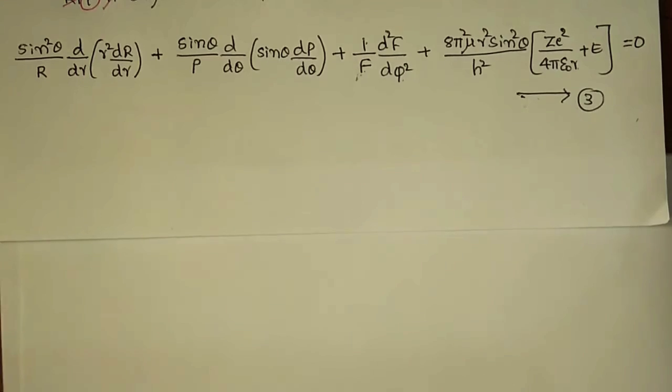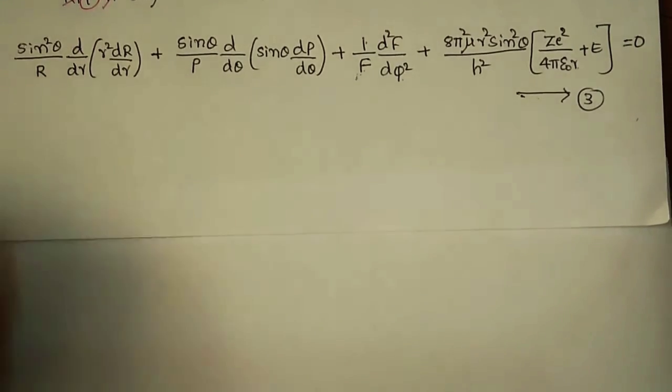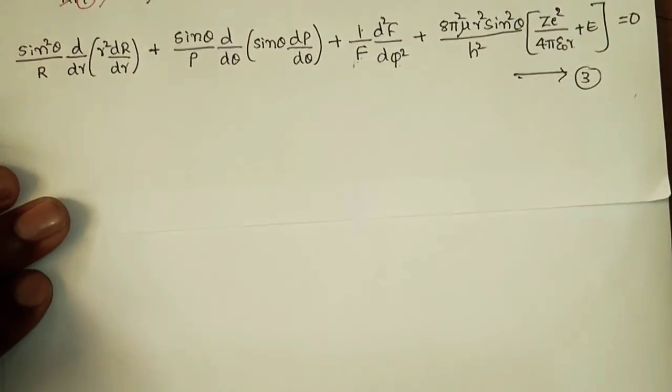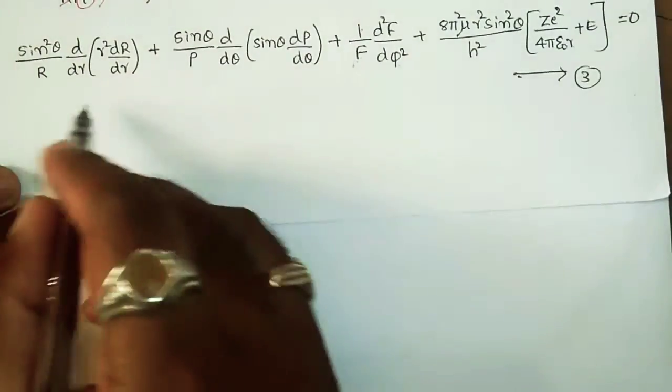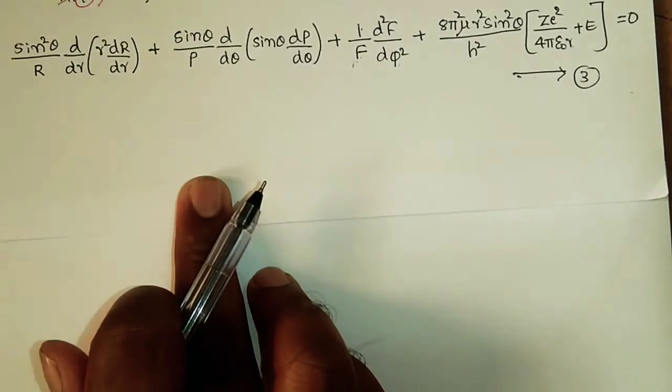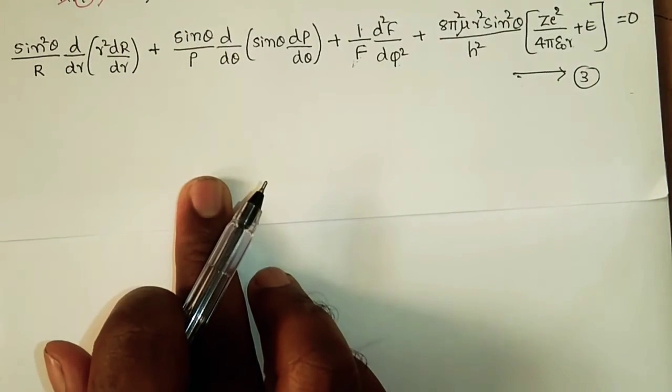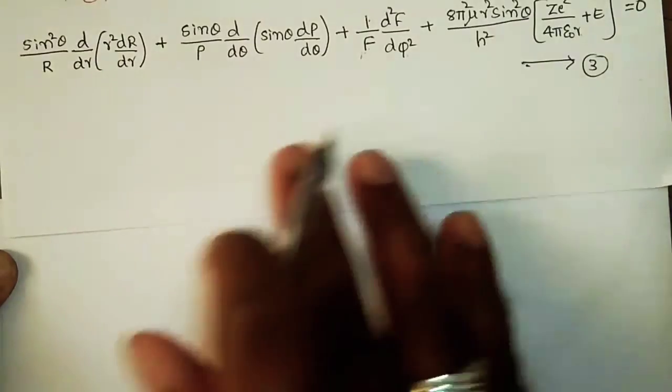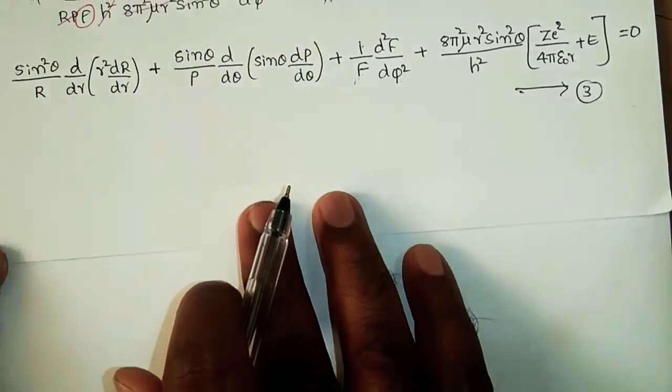So we have the equation number 3 with us, and the term which got isolated is 1 by f into d square f by d phi square.